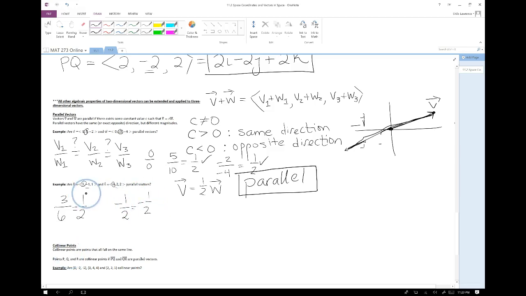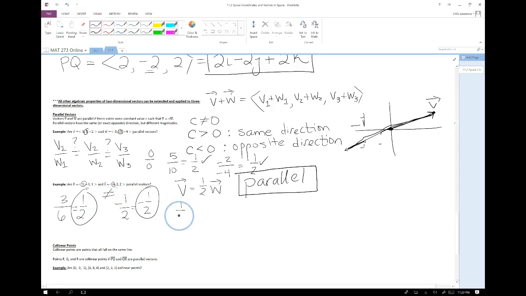And I can stop right there because I've got two different ratios between two different components. In order to turn 6 into 3, we would have to multiply by a half. But in order to turn 2 into -1, we've got to multiply by a different number, which is -1/2, which tells me that there is not one C value that can turn vector S into vector T. These ratios do not match.